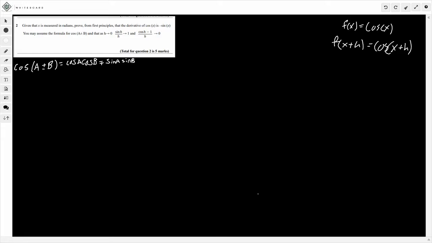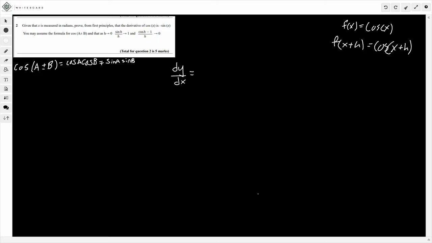Now, because we're proving the derivative using first principles, again, the formula is given, but it's quite nice and easy to remember. I'll write it down up here. This starts off as dy/dx, and this is the same as f(x plus h) minus f(x), all divided by h.